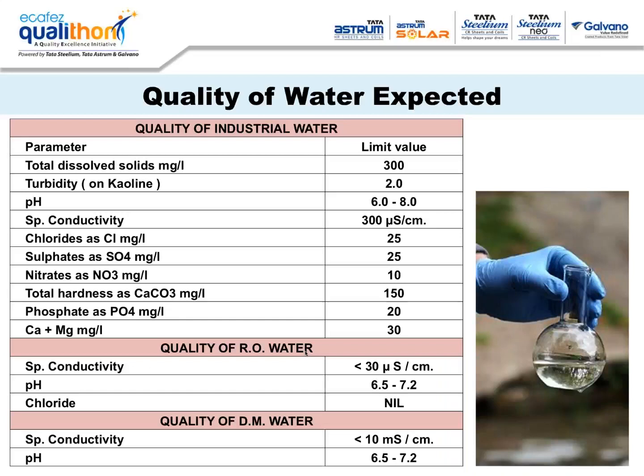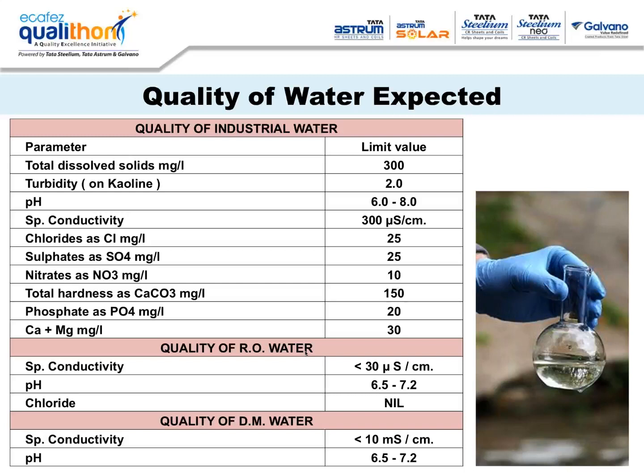And there are certain conditions on the water quality of industrial water that are expected. When we say industrial water, it can have TDS of max 300, turbidity 2, and pH should be between 6 and 8. Normally, 7 we call neutral pH, but it could be 1 plus or 1 minus, which is acceptable.